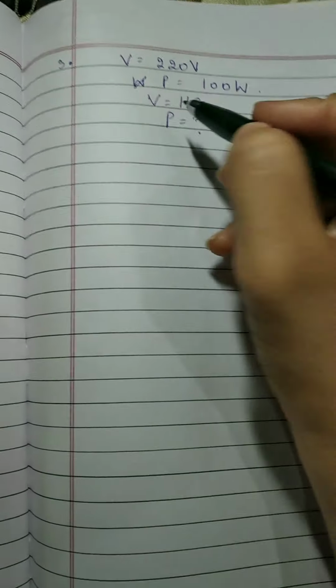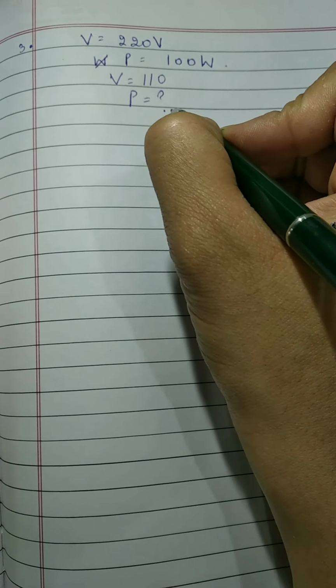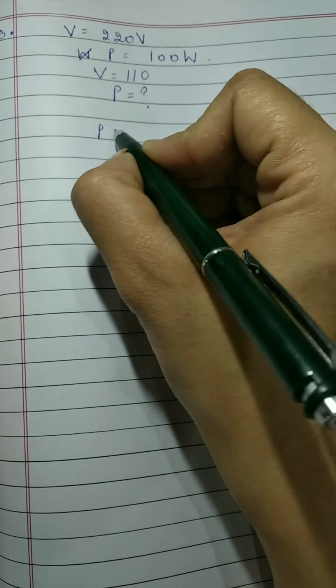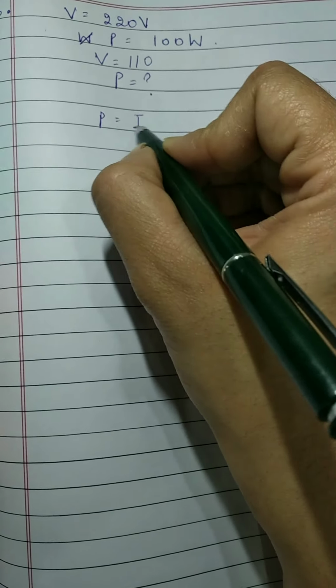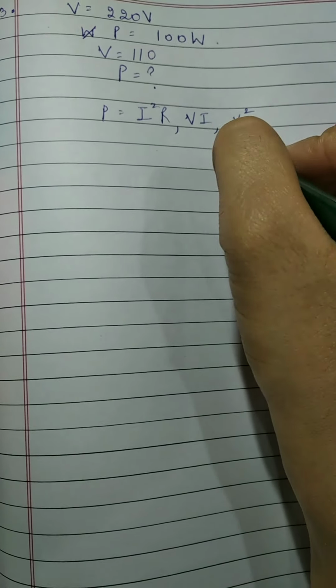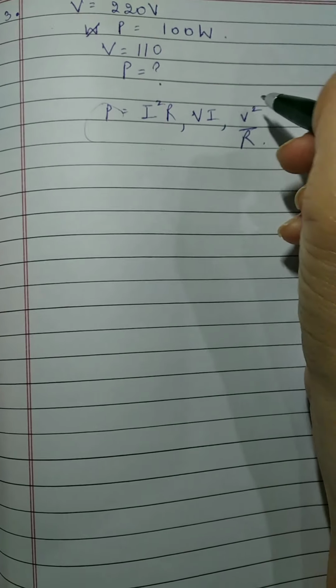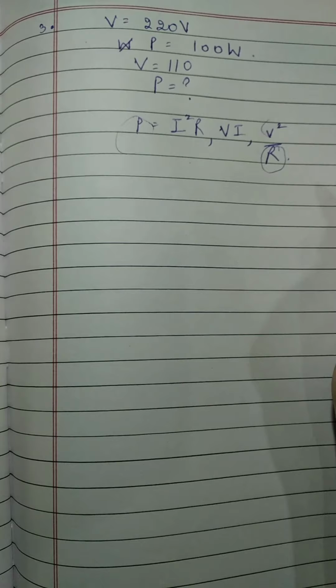Remember students, since power has to be found out, we'll be using a formula of power. But which out of the three formulas do we need to use? We have I square R, we have VI, we have V square upon R. No matter how much the potential difference is, the resistance of that particular material will remain the same.